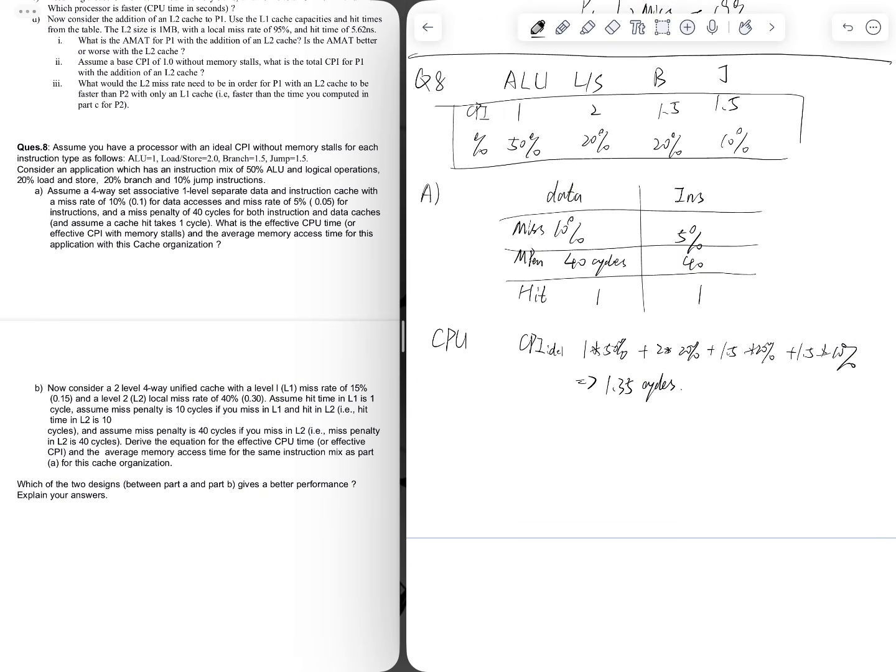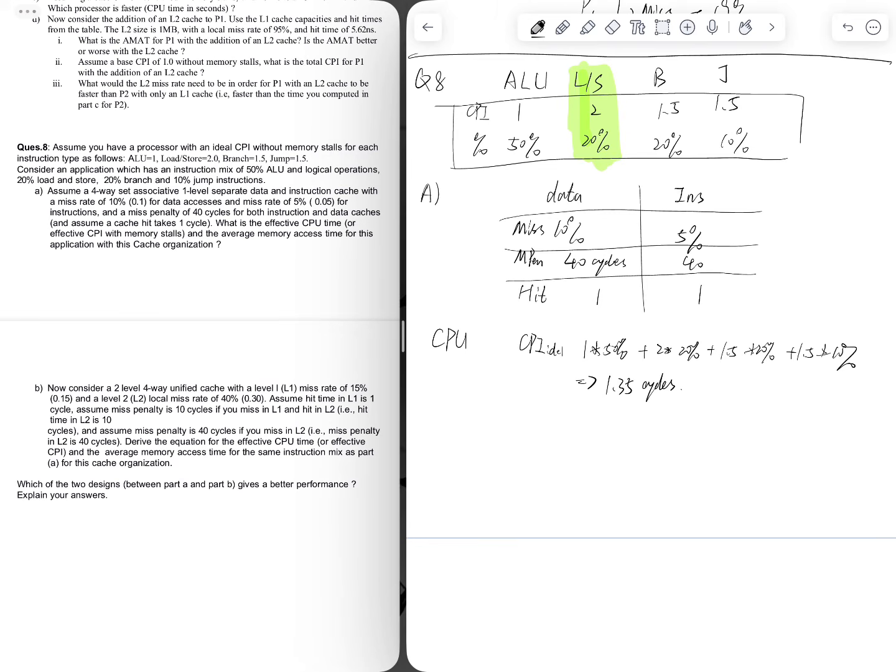So they are two things. Firstly, the rate for data access. The data access is actually just load and store, so it is 20%.